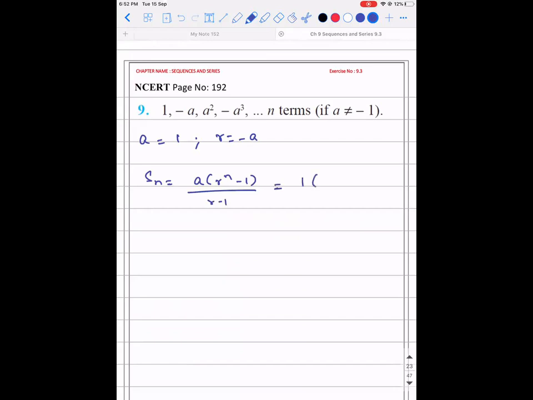A is 1 into R is minus A, the whole power n. Okay, check the answer and tell me.